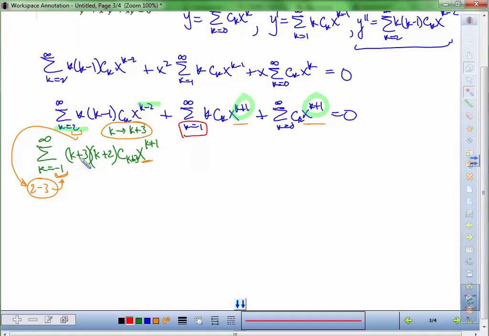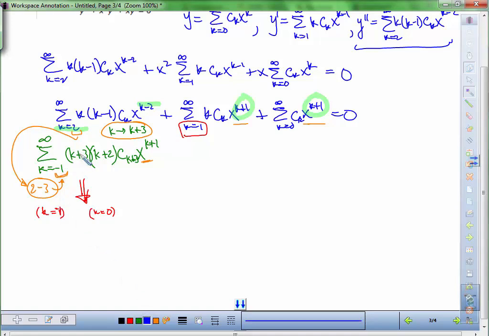For this one, I'm going to write out when k is equal to negative 1 and when k is equal to 0. And then for k starting at 1 after that, I'll just write the series. So let's see if you understood what I meant.